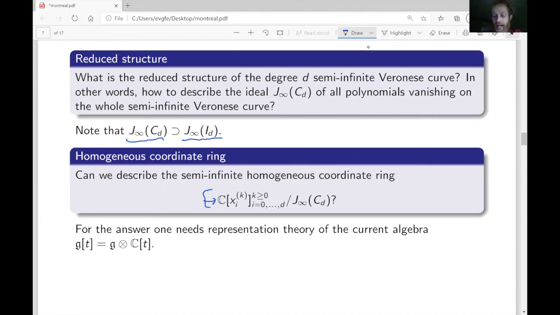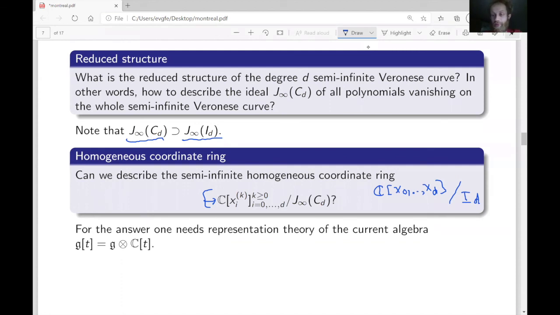Well, this is a kind of complicated object, but you can see that the picture is somehow similar to the classical situation where we've considered the polynomial ring in the variables x0 up to xd, and then if we take a quotient over the ID, then what we get is something very, very reasonable.